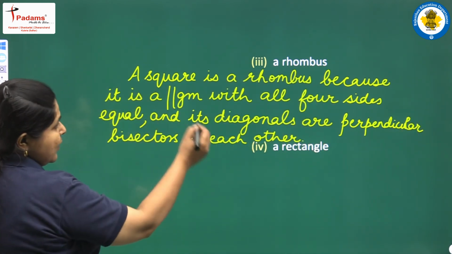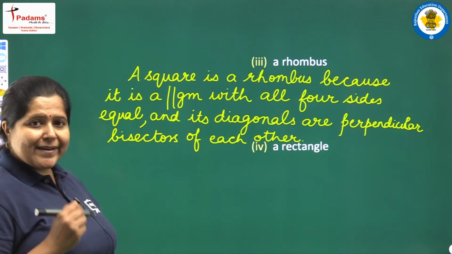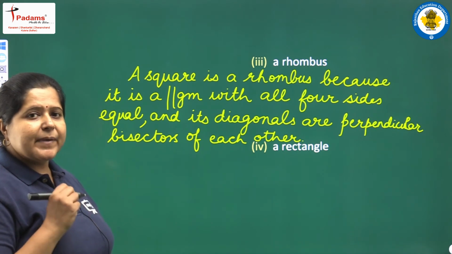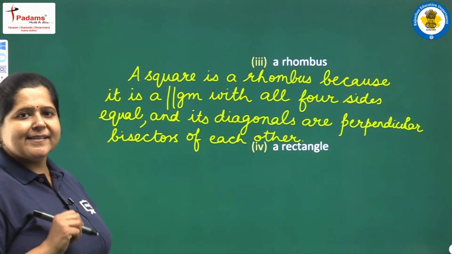Then we have how a square is a rectangle. A square is a rectangle because it again has each of its interior angles measuring 90 degrees and its diagonals are equal.